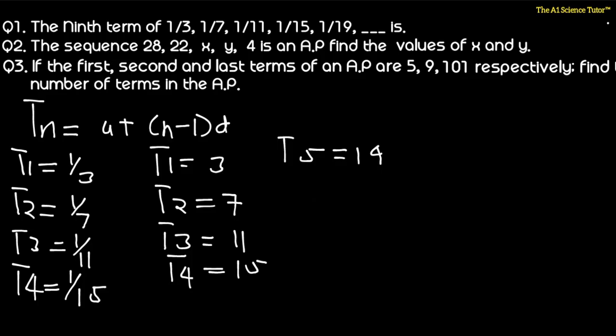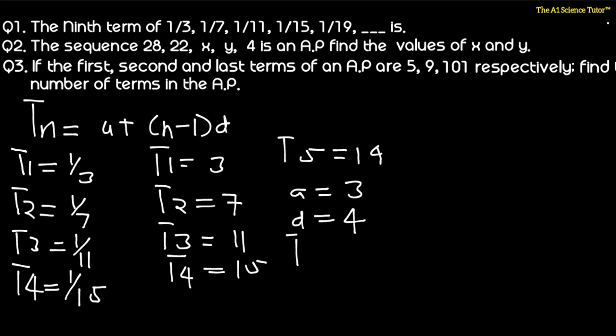If we did this, it would be easier and more basic to solve. So we have A to be 3, and D will be the difference between succeeding terms. That gives us 4. Now D is equal to 4. So we have A equal to 3 and D equal to 4.